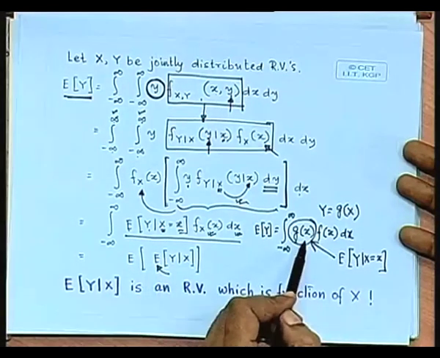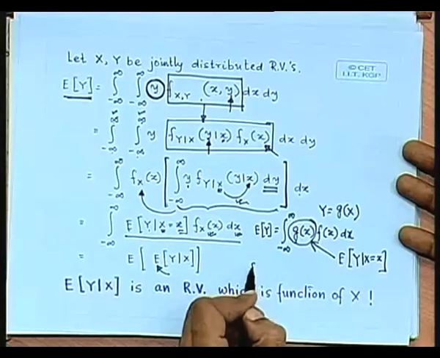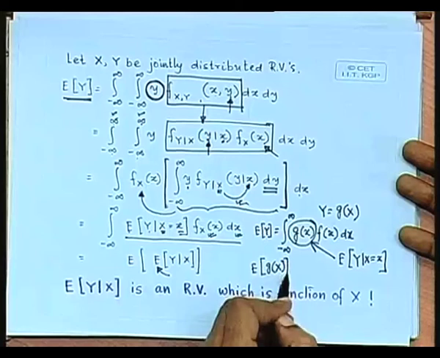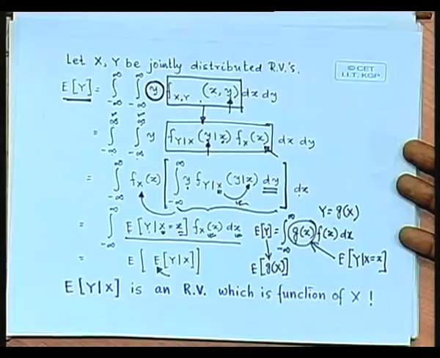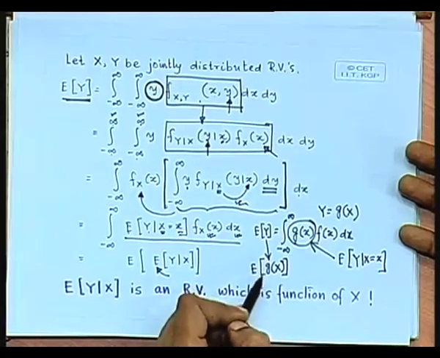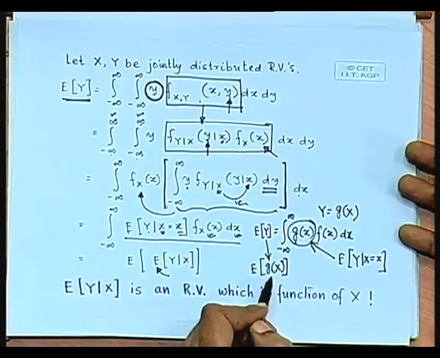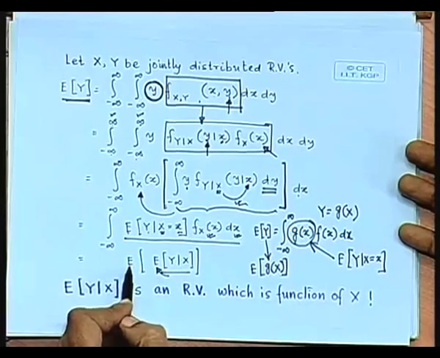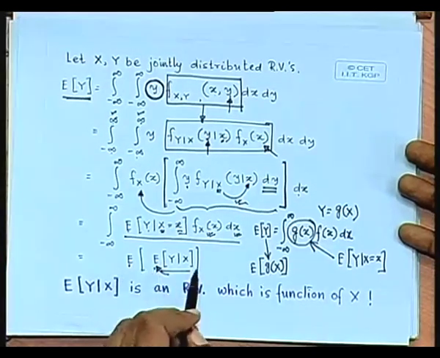Now, what are we calculating? We are actually calculating the expectation of g(x), because we are calculating the expectation of y. Now, y is equal to g(x). So, we are calculating nothing but the expectation of g(x), but g(x) happens to be this, so we are actually calculating the expectation of y given x.